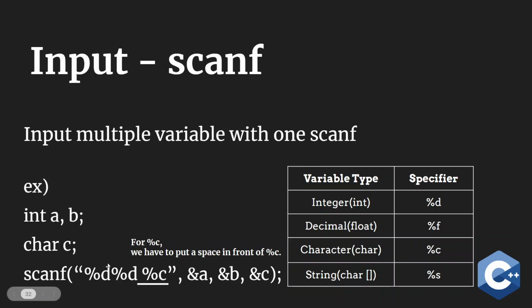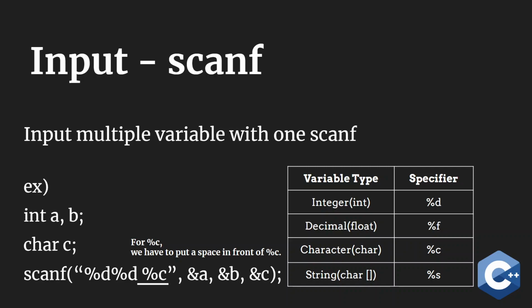Of course, we have to put the corresponding format specifier for each of those variables. In this case, we have two integers, so it's %d, and one character, so it's %c.